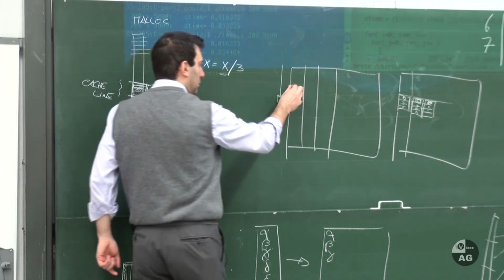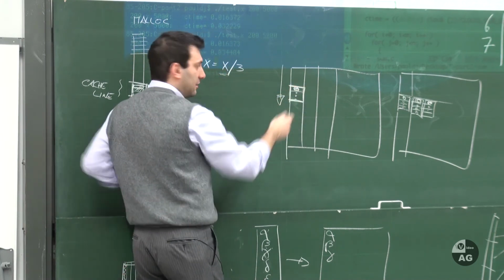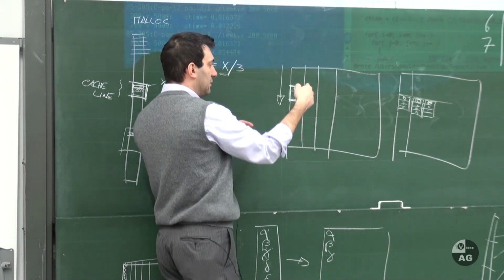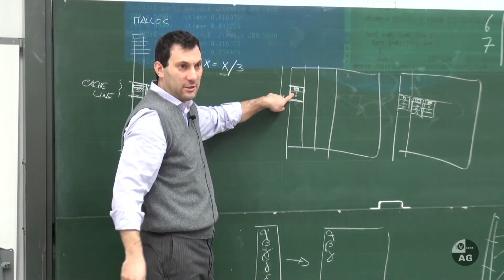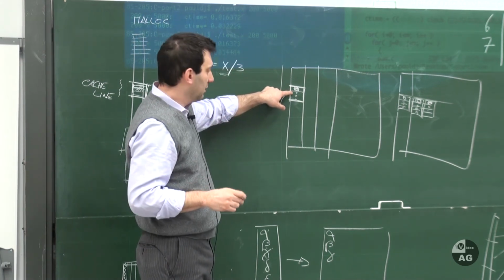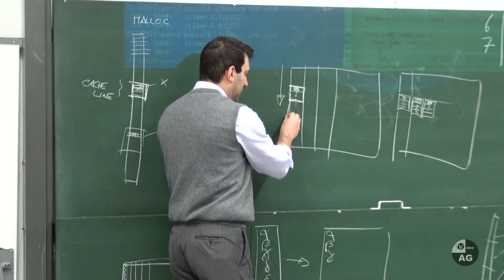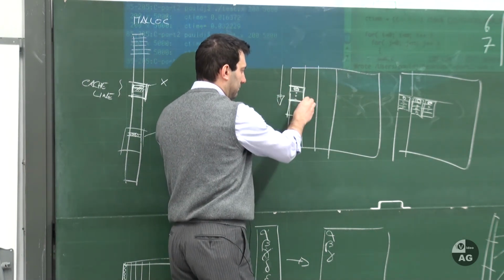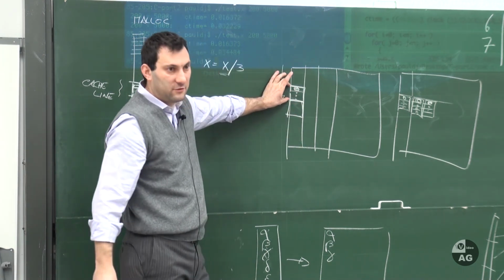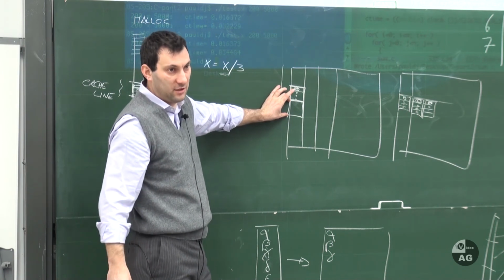The moment you access a piece of data in this cache line, just because you have touched something in this cache line, it triggers a mechanism so that the processor goes into memory and fetches the next cache line. Okay? So not only will this piece of data be available, but also the next cache line will be available.